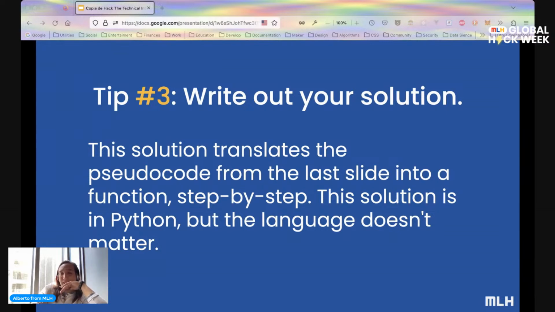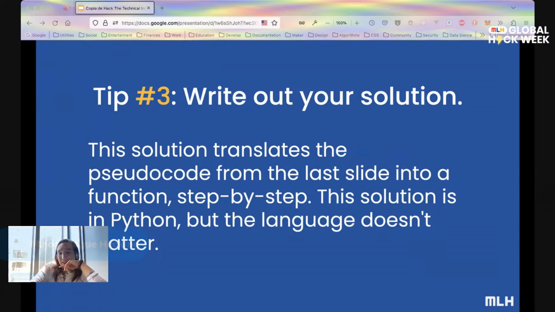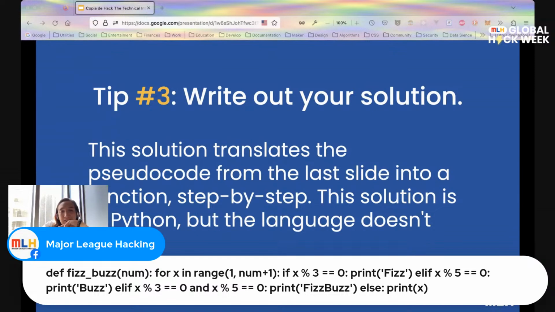Ready? Are you writing a solution right now? I will share mine with you. Oh, this didn't respect the indentation. Let me copy and paste it on CodePen and share my screen with you.